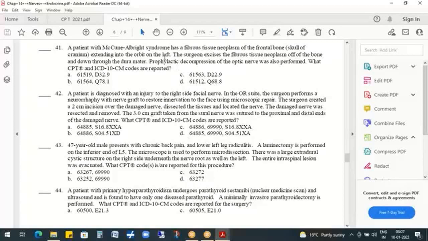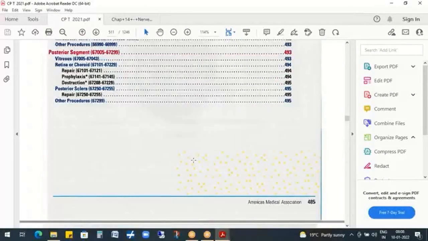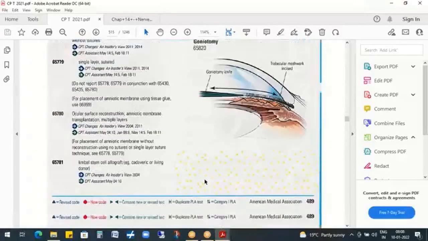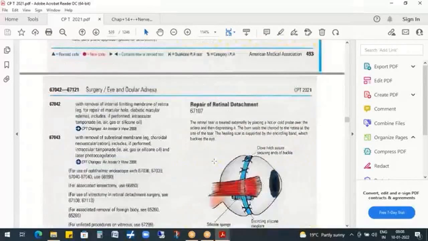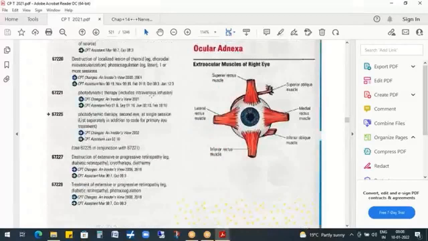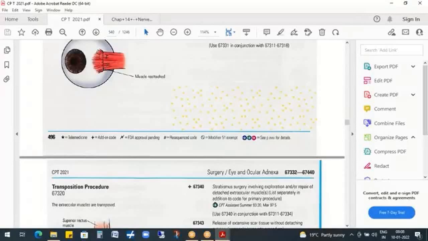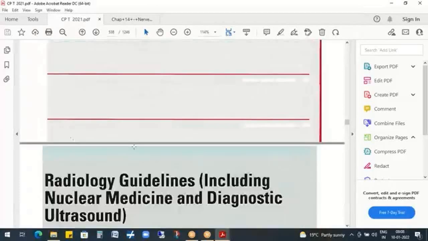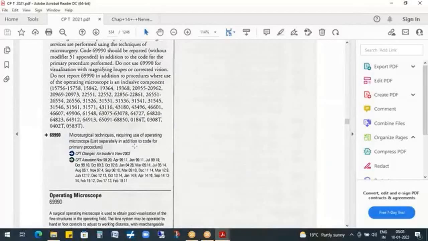Now can you see the code 69990? That is an operating microscope. Now when you go with the code description, just go with 69990, page number 508.